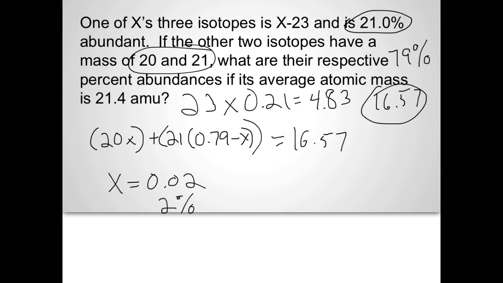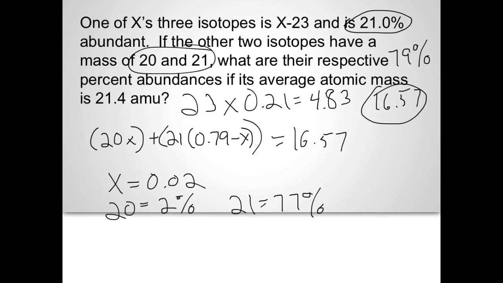So according to this, the percent abundance of isotope 20 is 2%, which would make the percent abundance of isotope 21 77%.